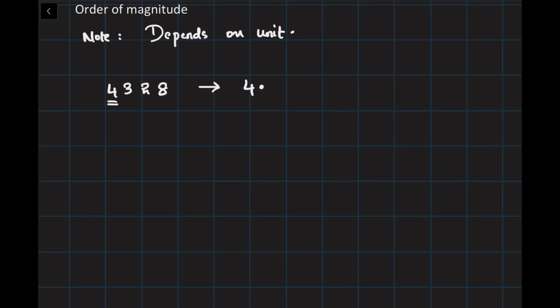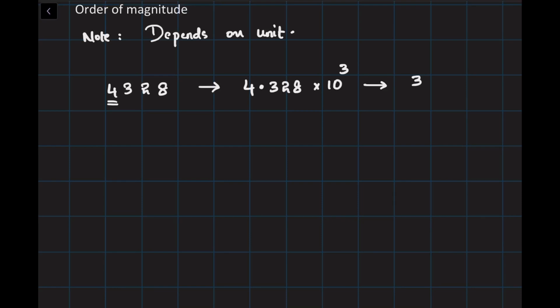That particular number, point, then write the following numbers, which is 3, 2, 8. Then what should I multiply with this 4.328 to get my number which is given in the question? I should multiply with 10 to the power 3. Then the order of magnitude is 3.